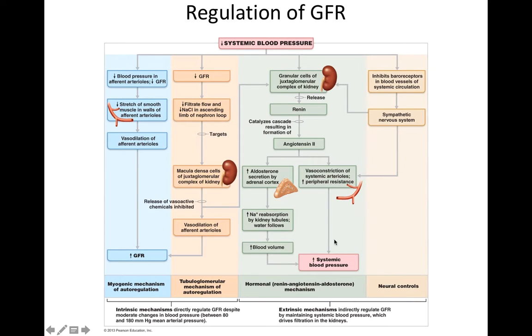All of this is going to lead to an increase in systemic blood pressure through mechanisms that we've already discussed. So extrinsic mechanisms do not care about GFR. Their job is to increase systemic blood pressure, which will in turn increase GFR. Intrinsic mechanisms don't care about systemic blood pressure. Their job is just to maintain GFR.